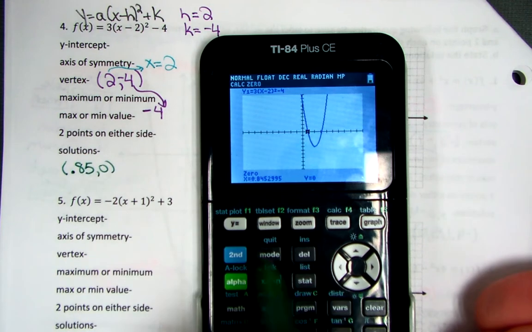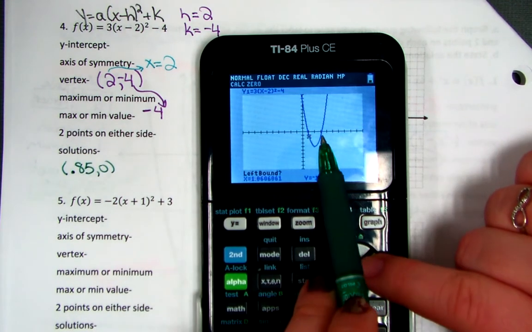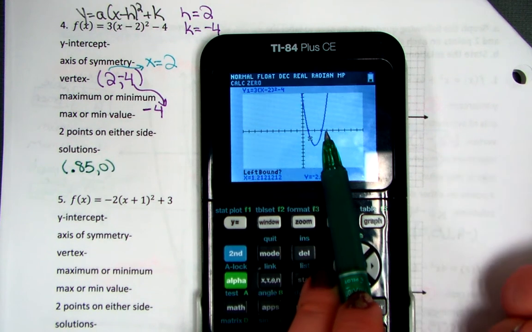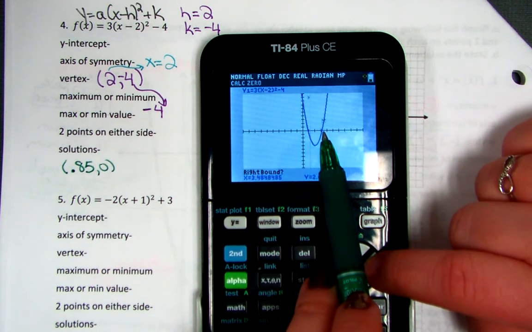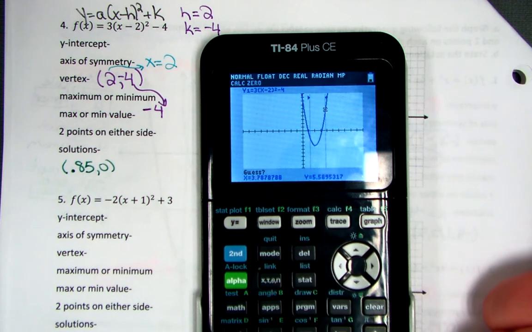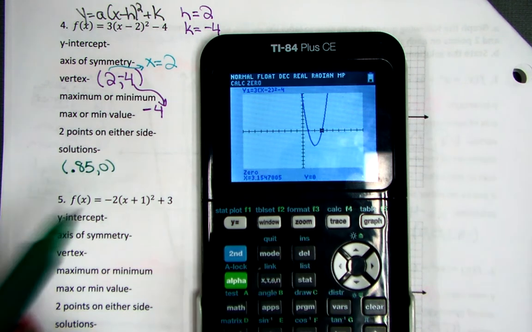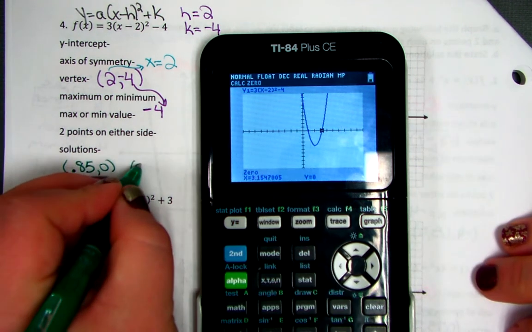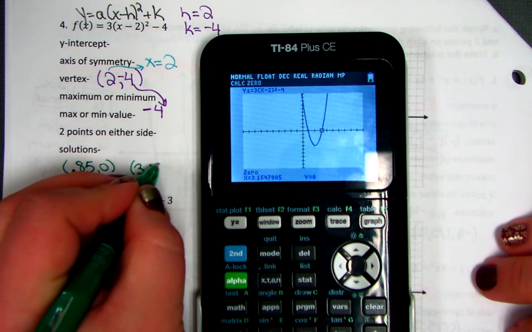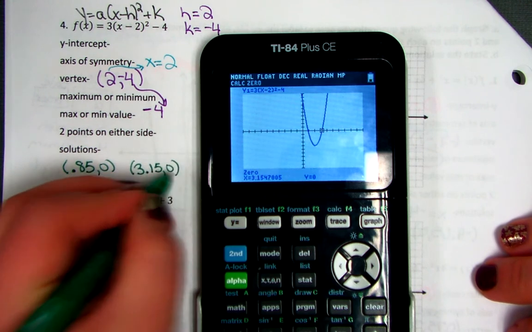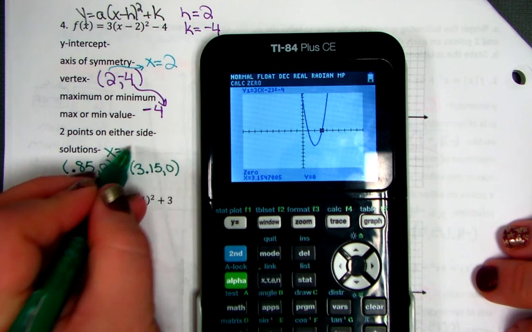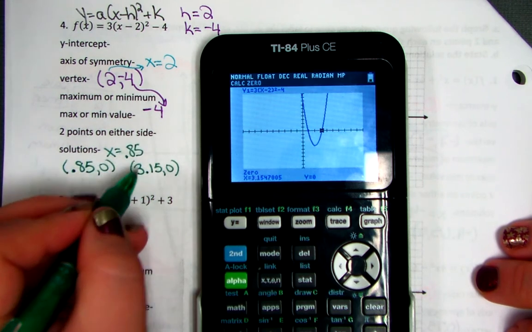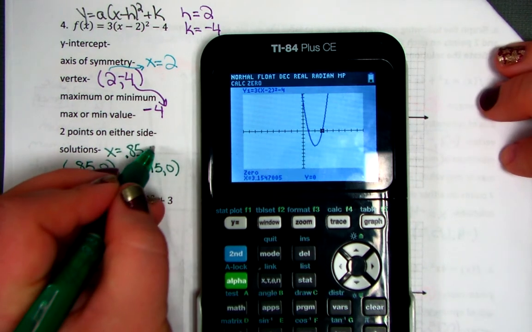And then we'll find the other one, second calc option 2, move it past my left 0 and press enter, to the right side of the 0 and press enter. And we have a 0 at 3.15. So my solutions are at 0.85 and 3.15.